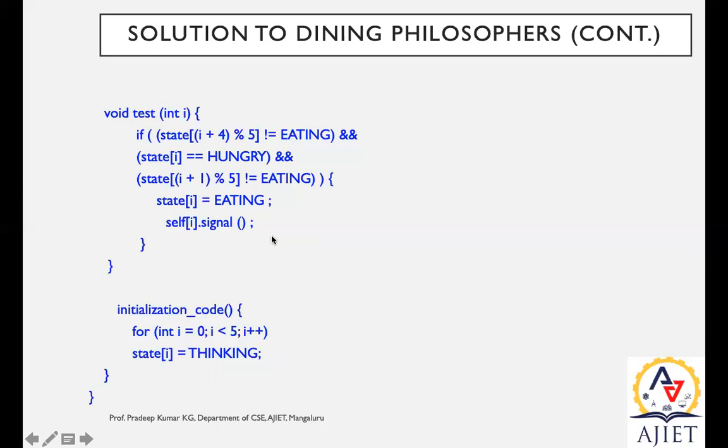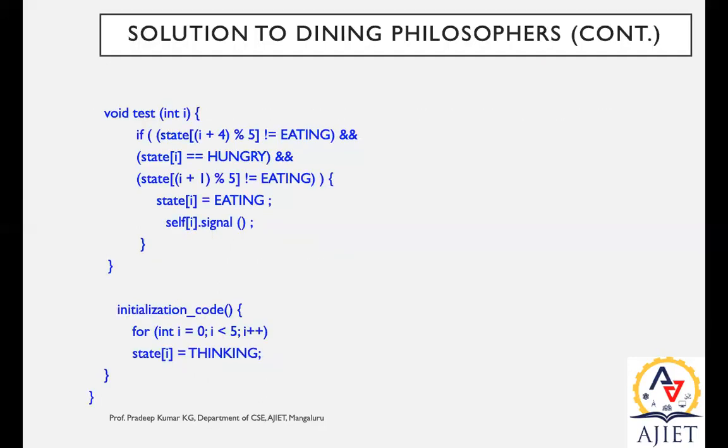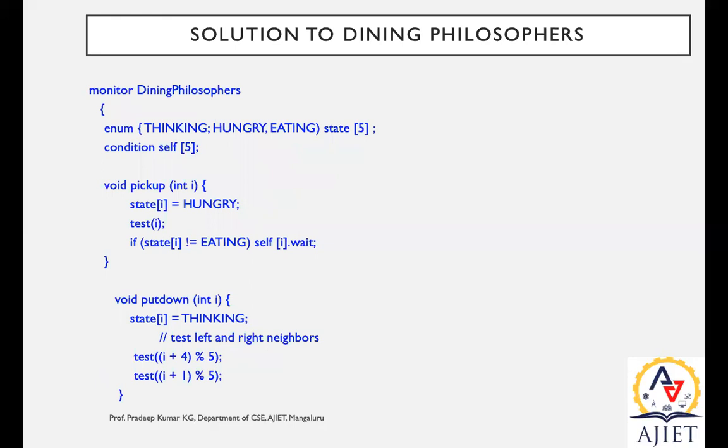Now, in this scenario, we initialize the code for thinking, the code for hungry, and the code for eating also. One by one, they execute in a rotation basis. This is how we can implement a monitor for our dining philosopher problem.